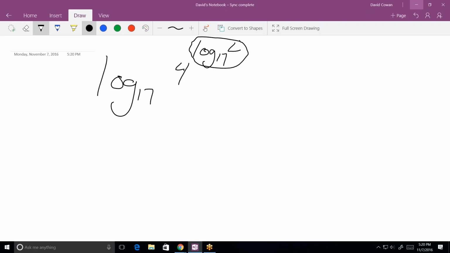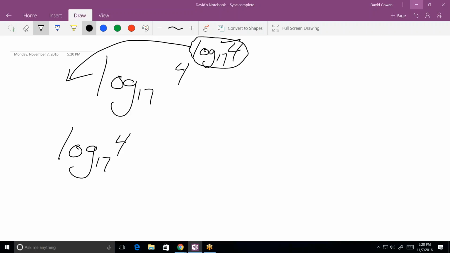In other words, if I put a 4, yeah, exactly. I can take this entire exponent, which is just a number, log base 17 of 4 is a number, and put it in front. In other words, I bring it down and stick it there. So this becomes log base 17 of 4 times log base 17 of 4.